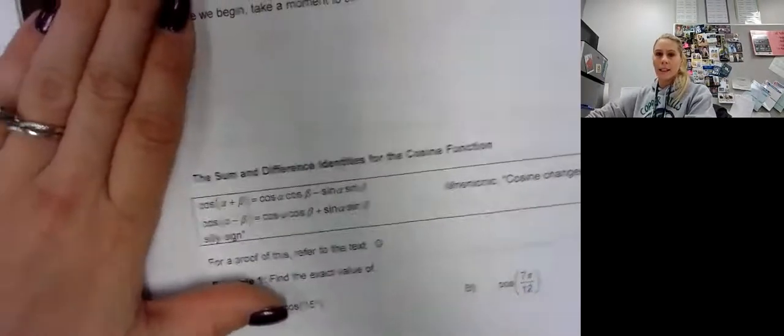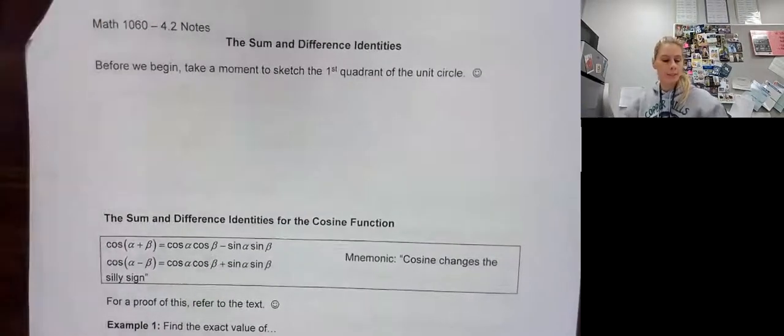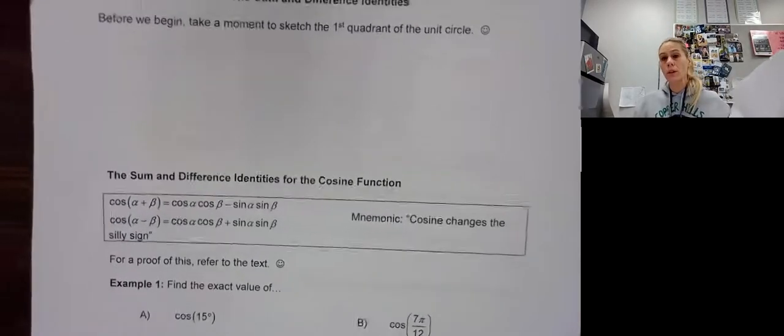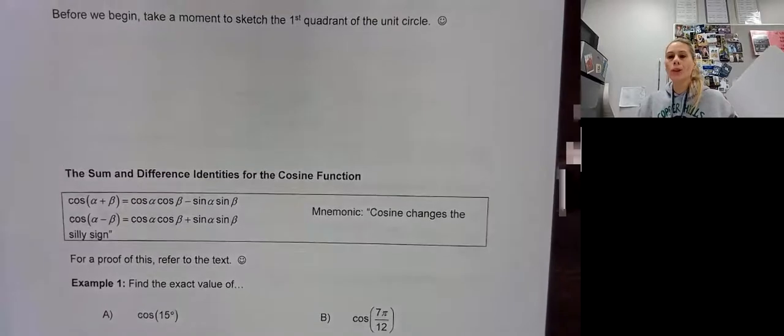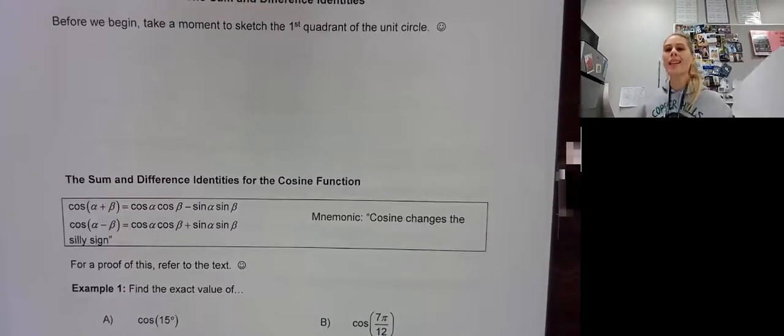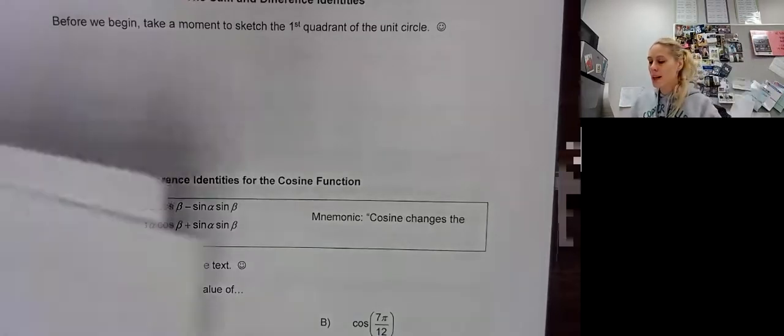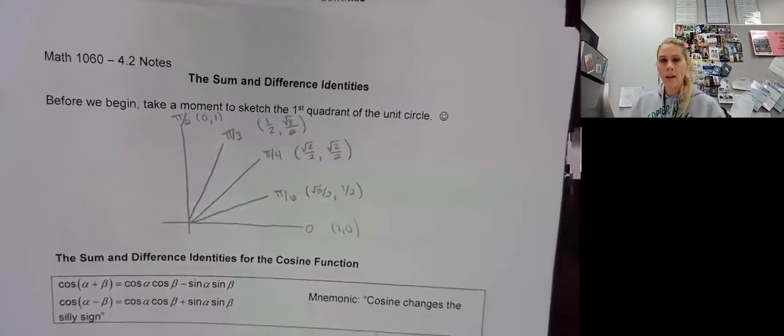All right, our next section is our sum and differences. Before we begin, let's take a moment to sketch the first quadrant of the unit circle. The reason why is we are actually going to use these values in the unit circle to help us evaluate the exact value of these kind of crazy degrees and radians. So instead of me taking time to write that, I'm going to show you that right there.